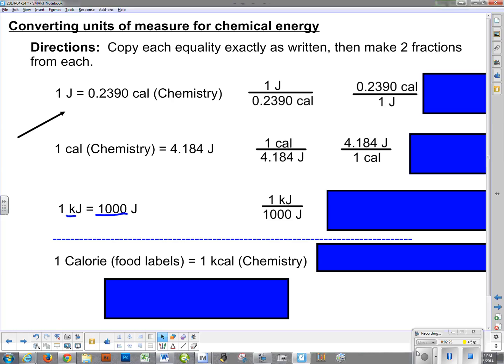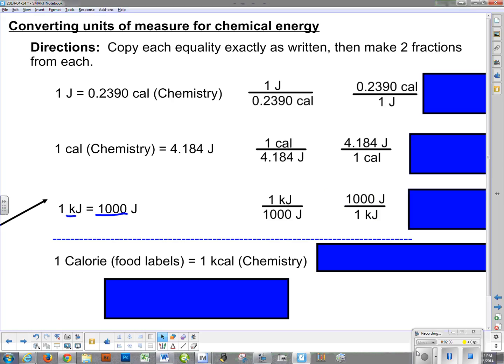So we started with this guy. We drop out the K and put in what it means. And that's how you make your conversion equality, which then becomes your conversion fractions.